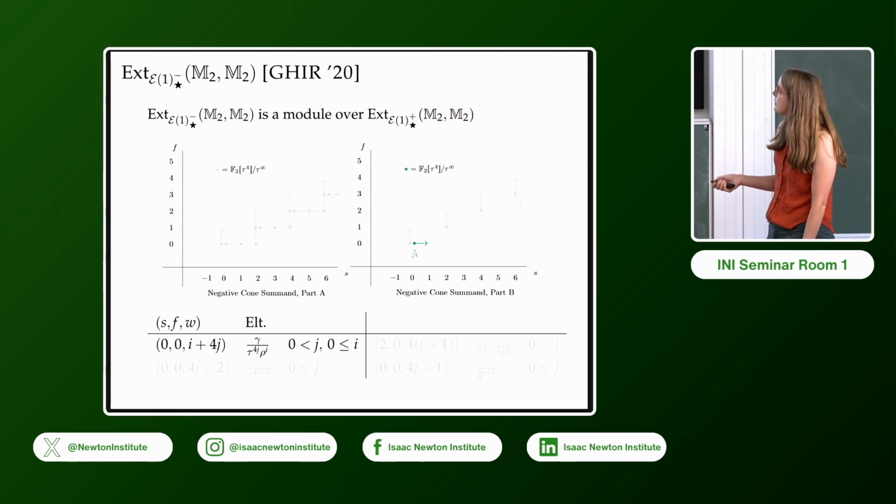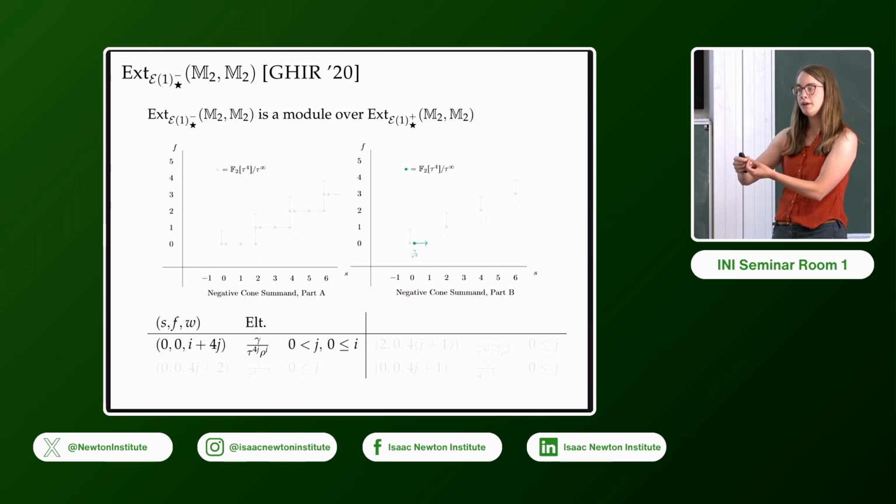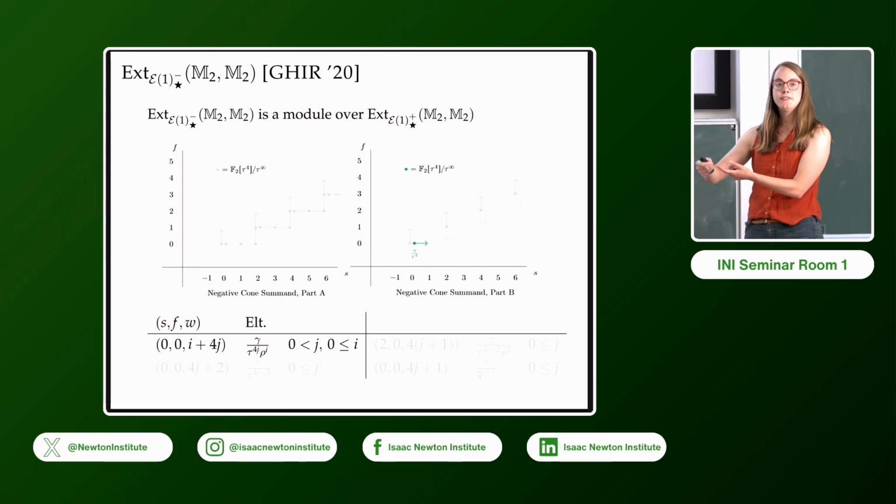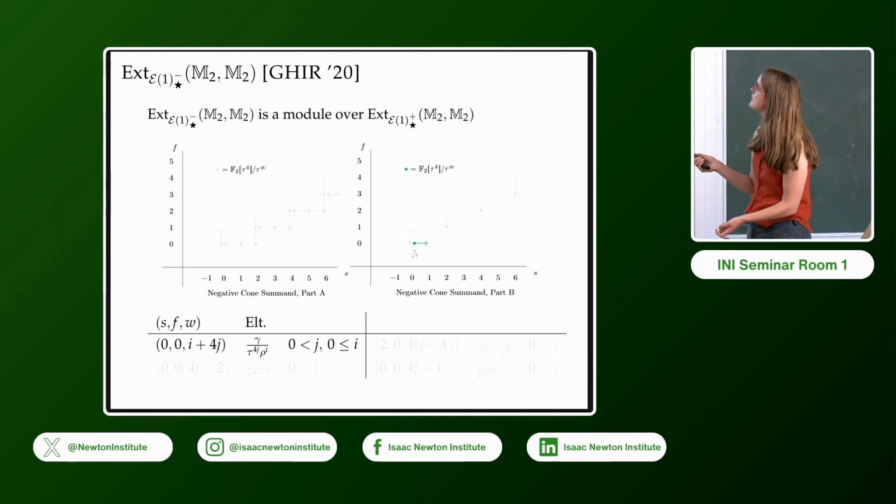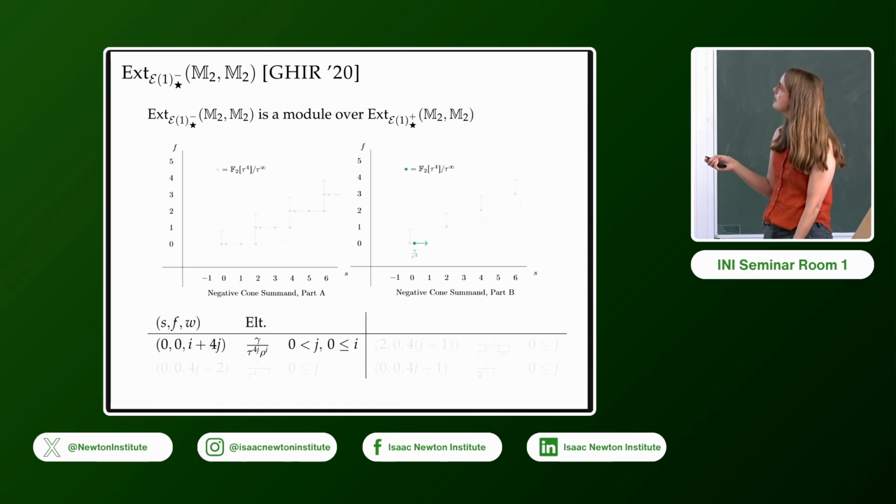And we also have divisibility by rho. Since multiplication by rho takes us 1 to the left, dividing by rho is going to take us 1 to the right. So we have a division by rho tower here.